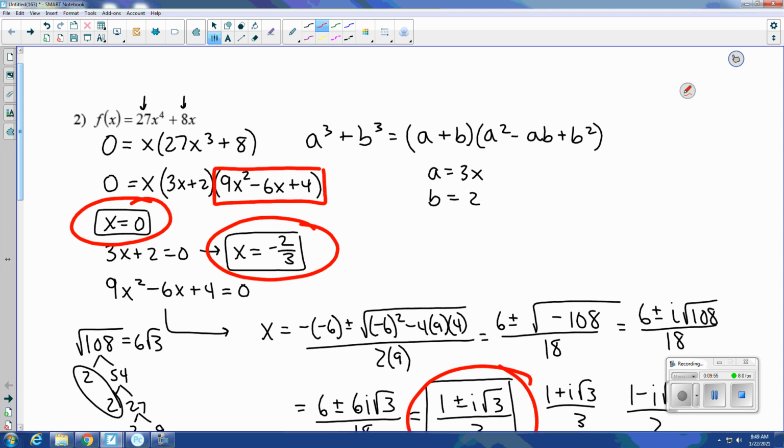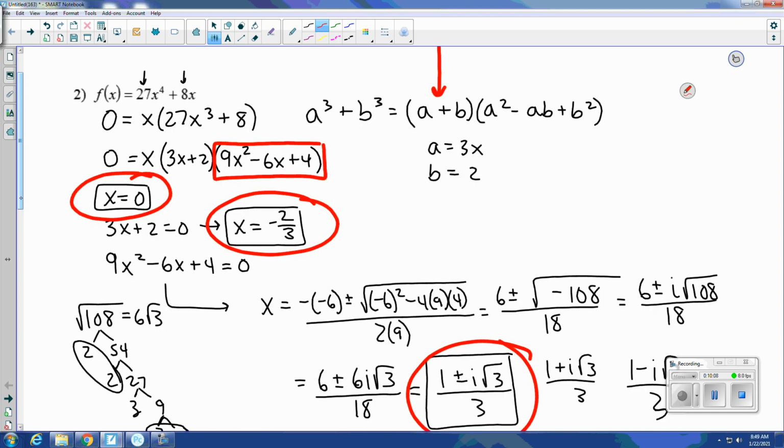You'll have that linear piece from the initial factorization, or maybe it's not linear, but we'll keep it linear for now. And if you have a GCF, don't forget that this GCF is still there, and that's going to give you a solution too in some cases. So there are all 4 solutions to that one.